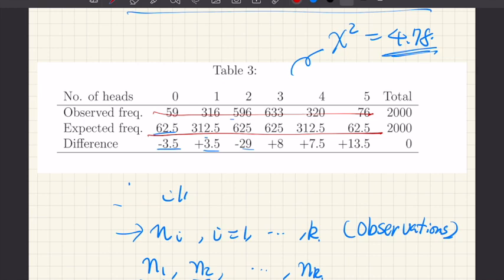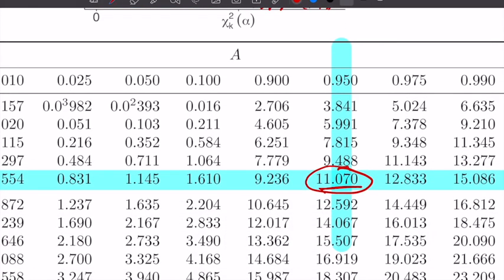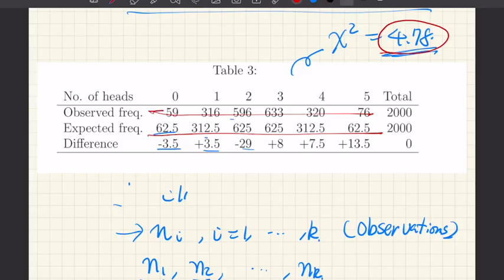However, in our case, it's just 4.78, which is far smaller than this value. So the difference between observed and expected frequencies is not significant in this case.